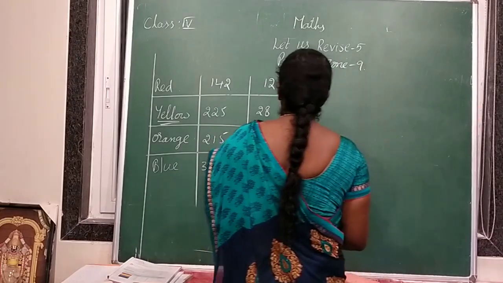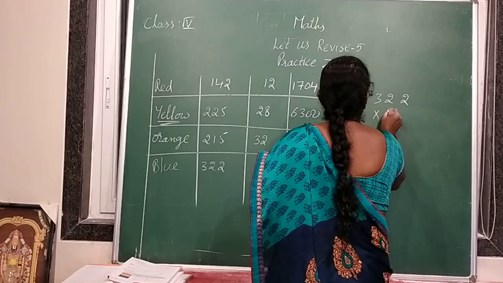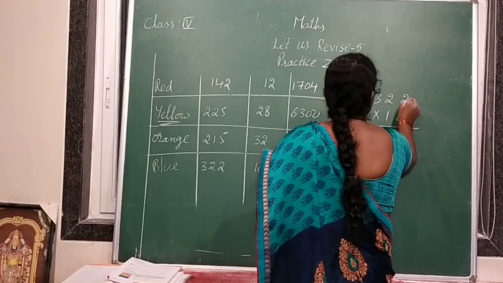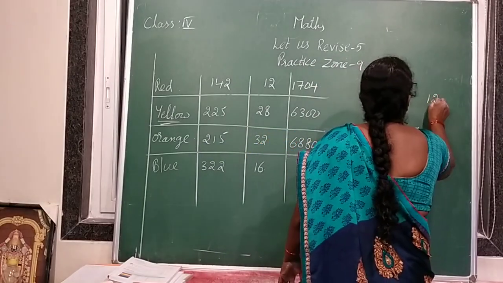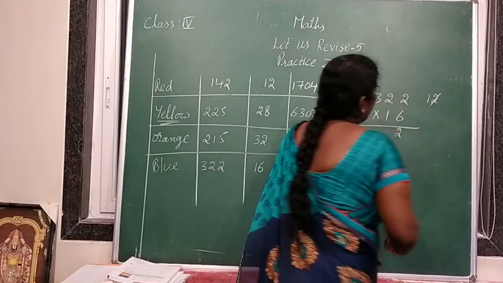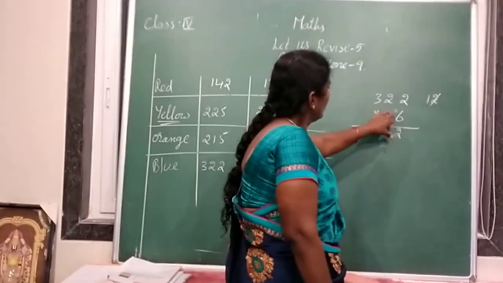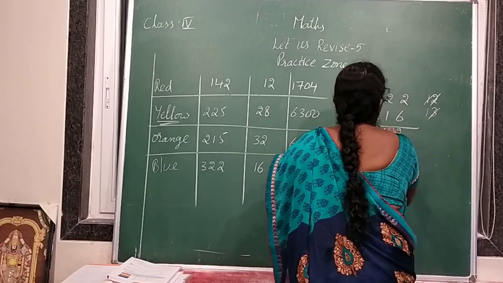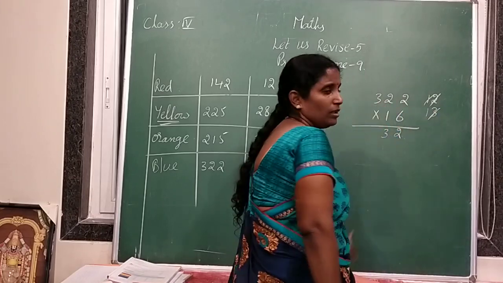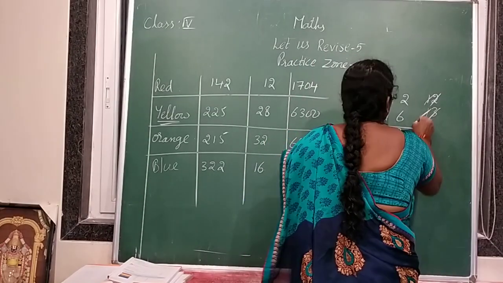16 boxes. Here also we should do the multiplication. 6 twos are 12. So 2, cancel 2 and write down. 6 twos are 12 plus 1 is 13. 6 threes are 18 plus 1 is 19.